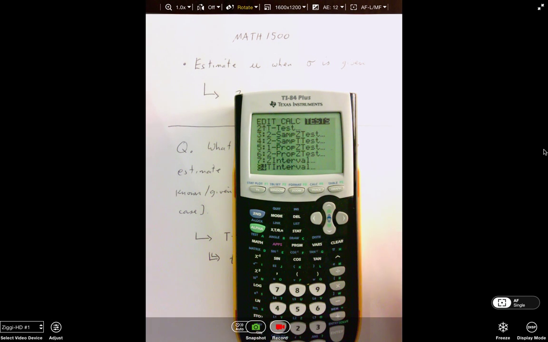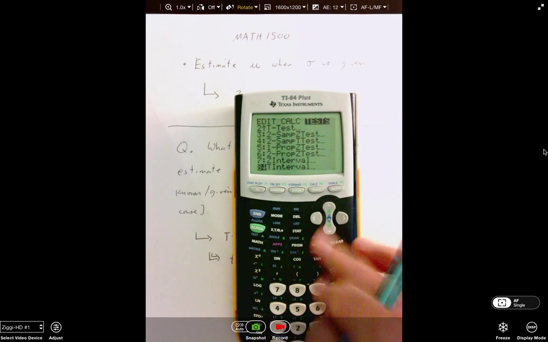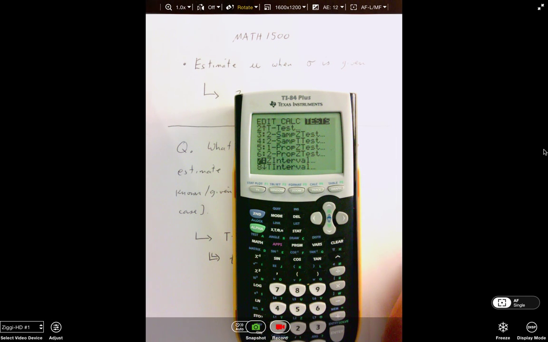So from here on out, if you're estimating the population mean mu and the population standard deviation sigma is given, then you're going to go to this key. If you're estimating mu and the population standard deviation isn't given, then you go to your t interval.